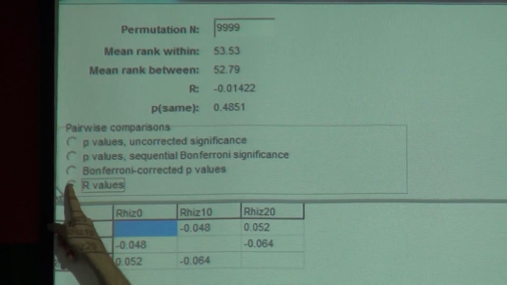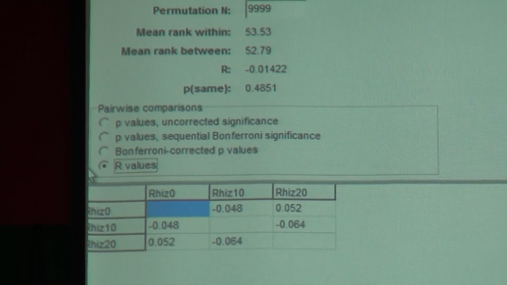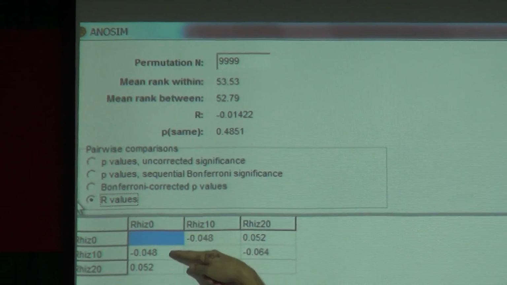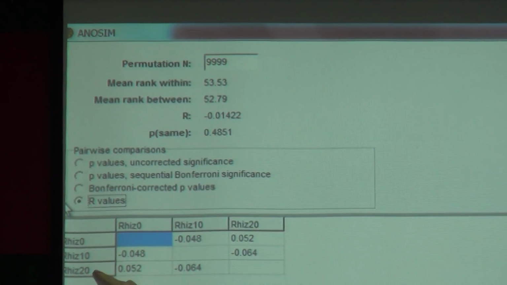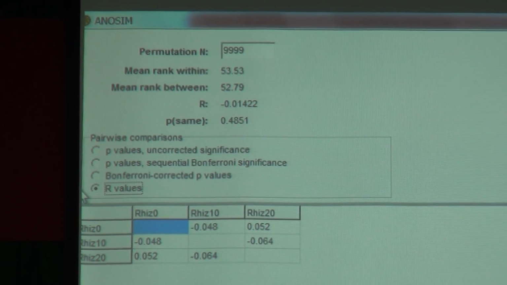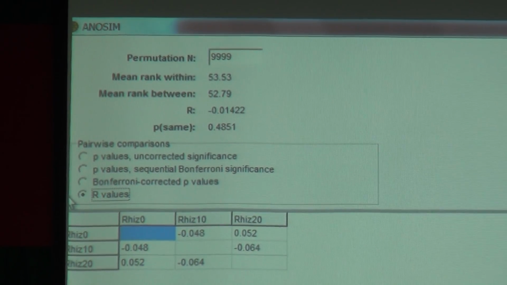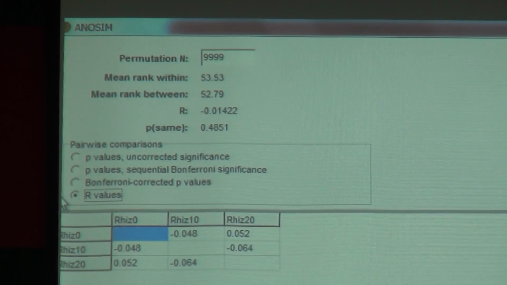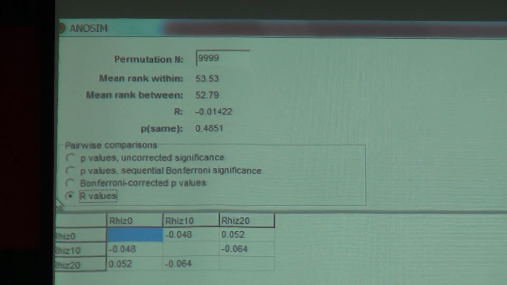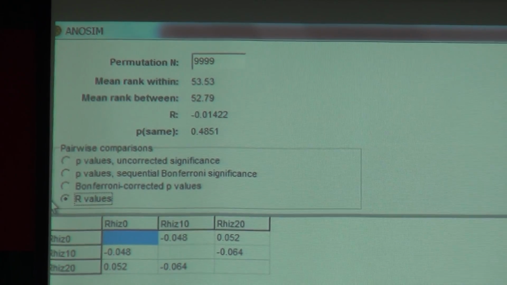If we choose the R values, we have here the R value between each one of our groups. And we can see that the differences are not very large.